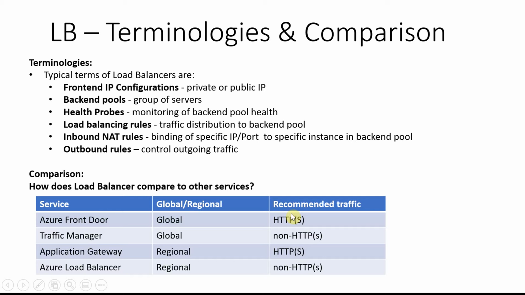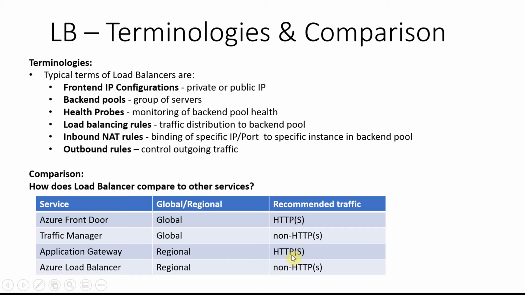But as an architect in cloud or in Azure, you have four options. Which one you select is based on two answers. First, are we talking about HTTP or non-HTTP based traffic?